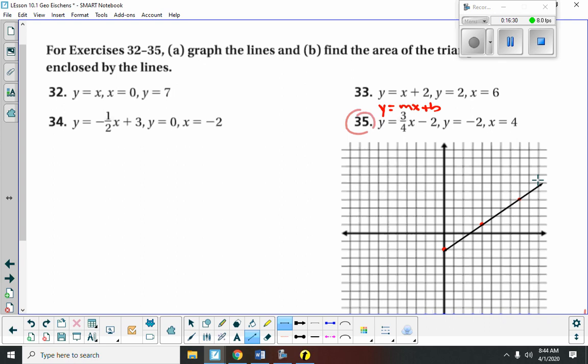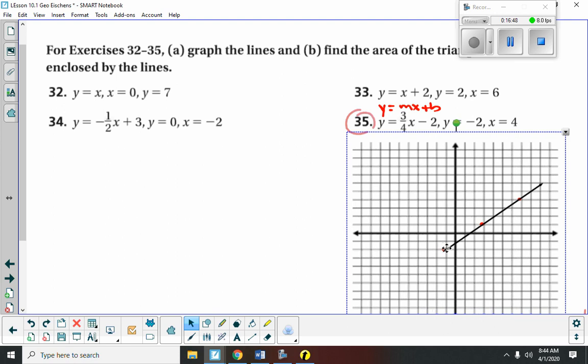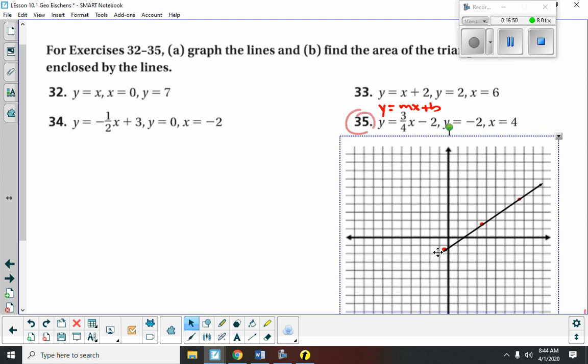Okay, next one is y equals -2. And remember, y equals is a horizontal line at -2. So we go to -2 on the y-axis right here and draw a horizontal line. Whoopsie, that was not good. I didn't mean to move that. Let me see, move my whole graph.